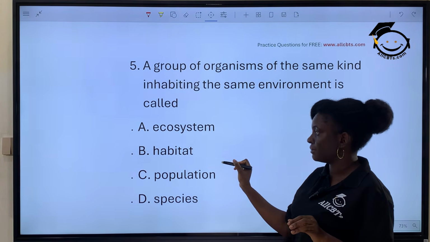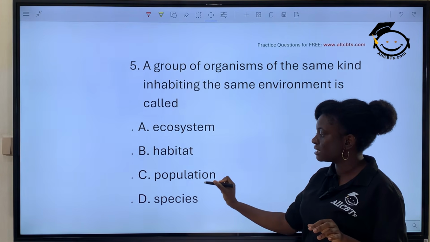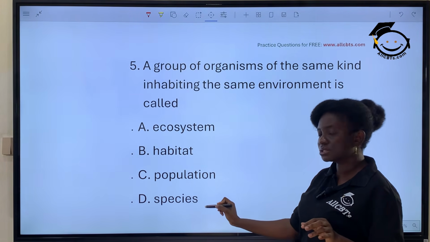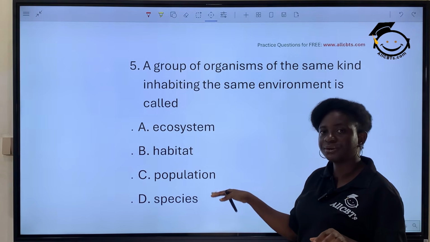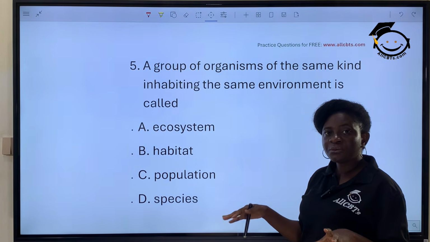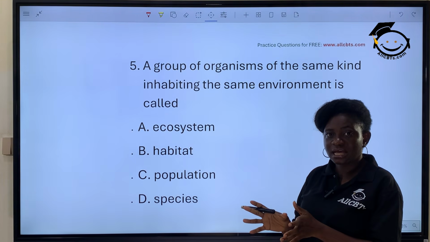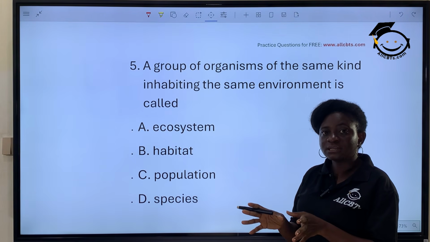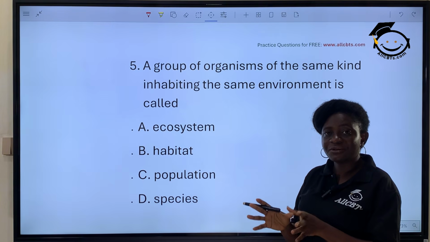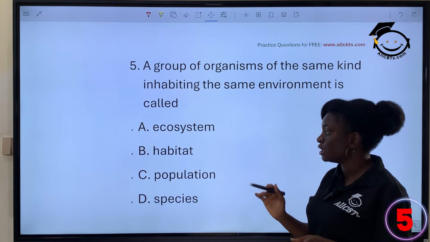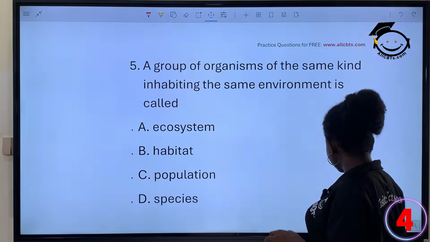A. Ecosystem, B. Habitat, C. Population, D. Species. From these options, the correct answer is population. When we have a group of the same organism that live in a particular environment, those group of organisms are referred to as population. So option C is the correct answer here.